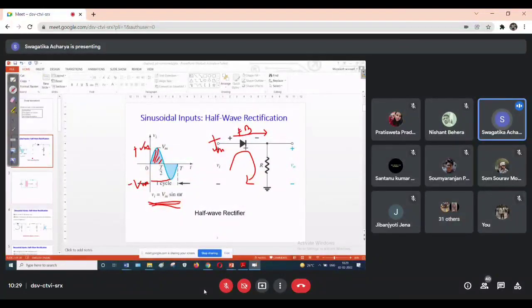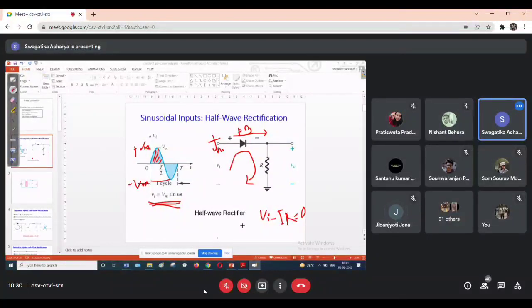Approximate, simplified, ideal. If we take the approximate model analysis, then there will be some resistance value RF. But if nothing is given to you, simply it will be Vi minus IR equals 0. Am I correct or not?